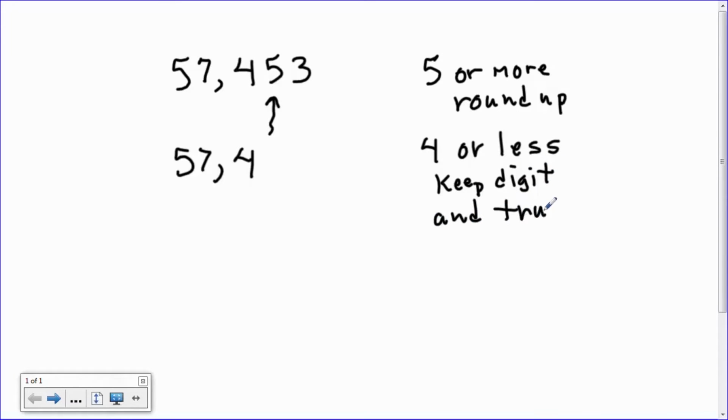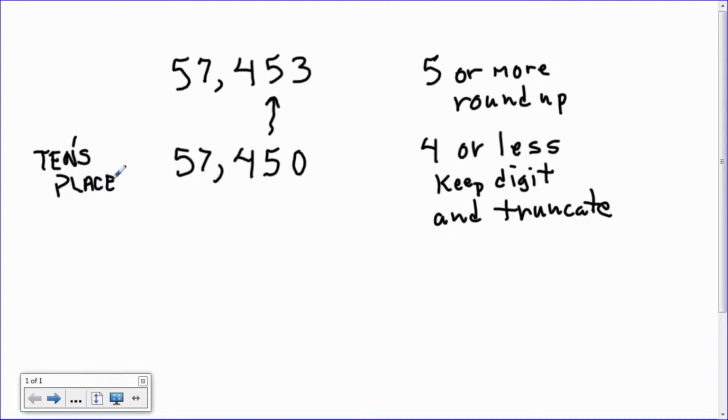That just means replace the remaining digits by 0. So in this case, if I'm rounding to the 5 or the tens place, I look to the right, it's a 3. That's 4 or less. So I replace the 3 by 0 and keep the 5. So I have rounded to the tens place. So this is a rounded number to tens place.